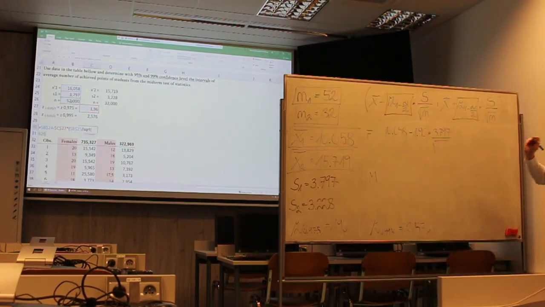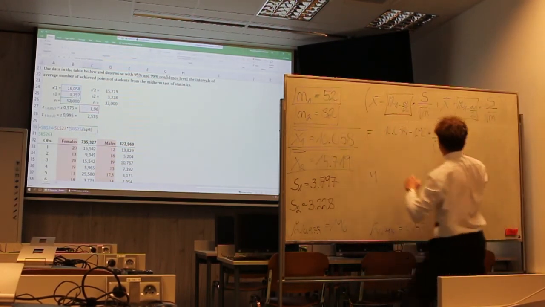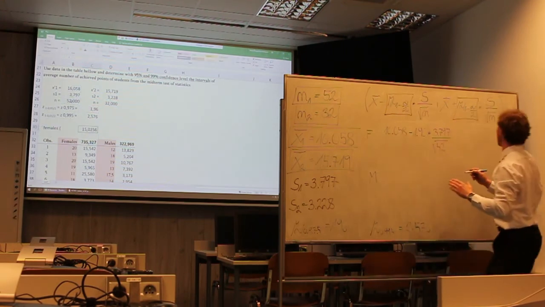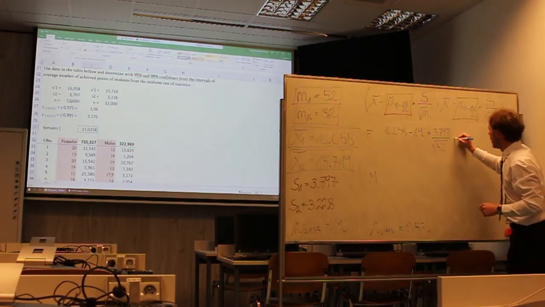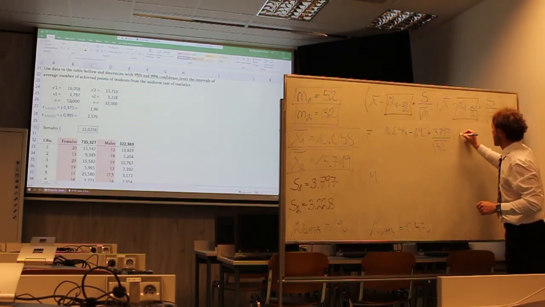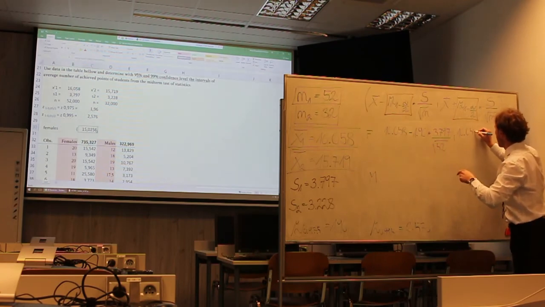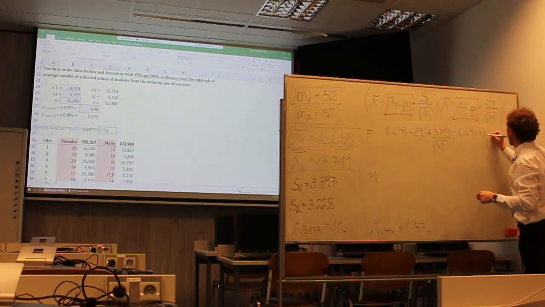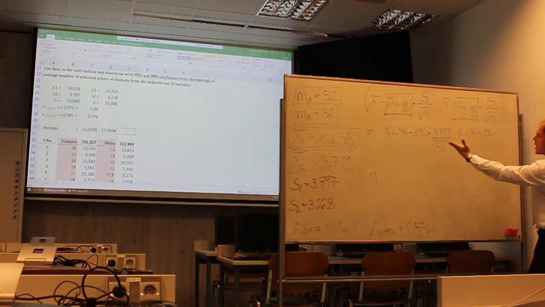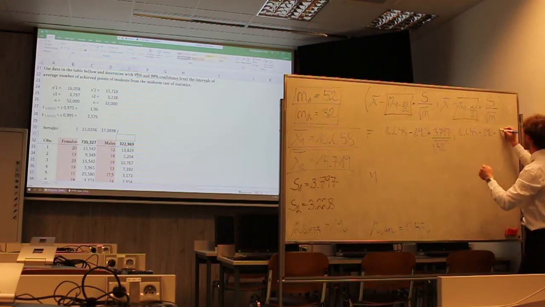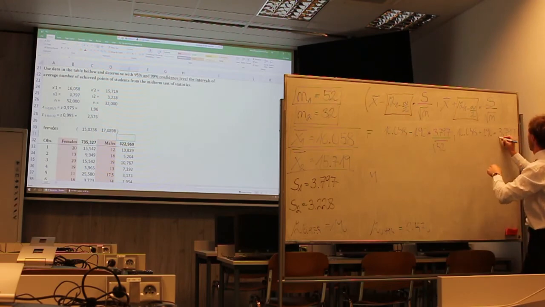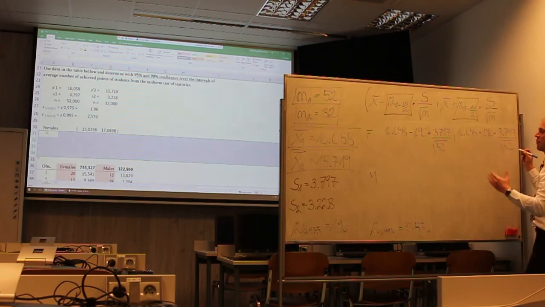There is n, not n minus 1, so the square root of 52. This is the left side. The right side: 16.058 plus 1.96 times the sample standard deviation for females, 3.797, divided by the square root of 52 values.